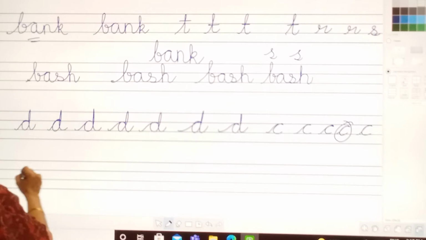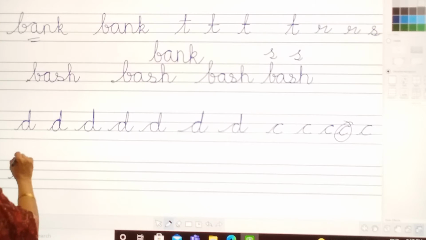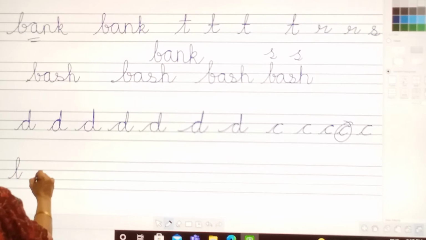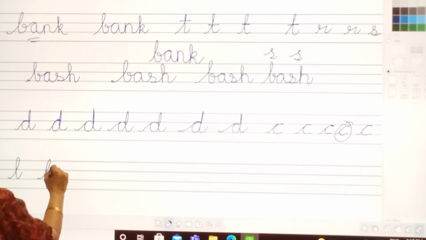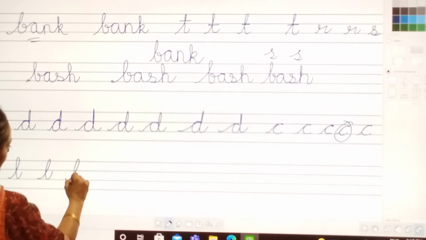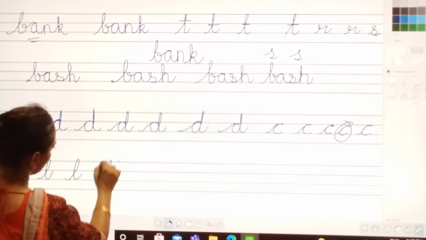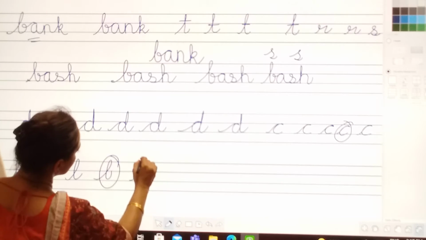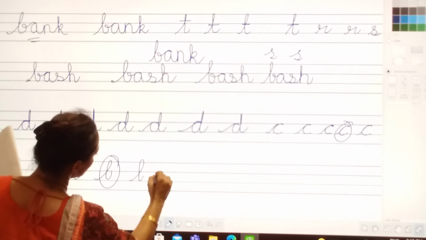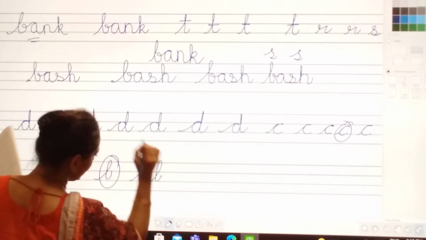And another one is L. L for lion. See, in this way. Okay, not in this way, but this is the correct formation of L, lion.